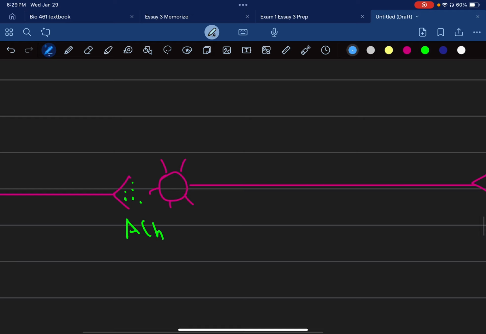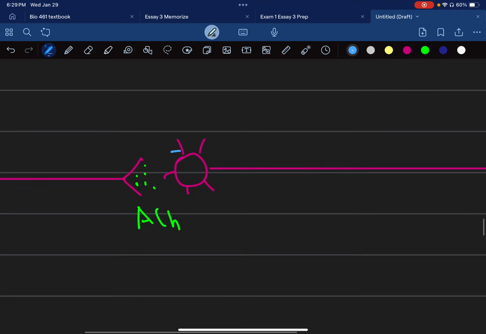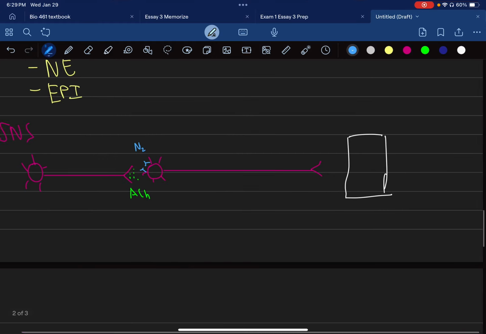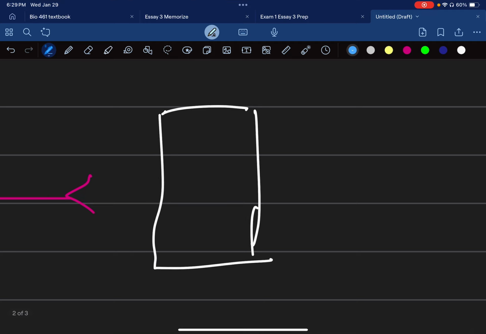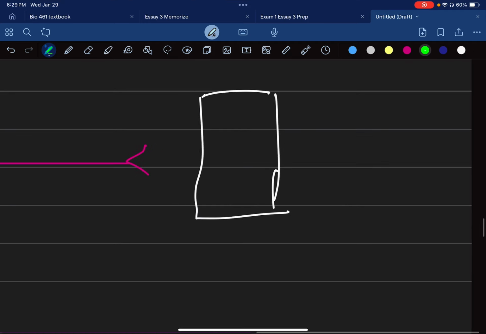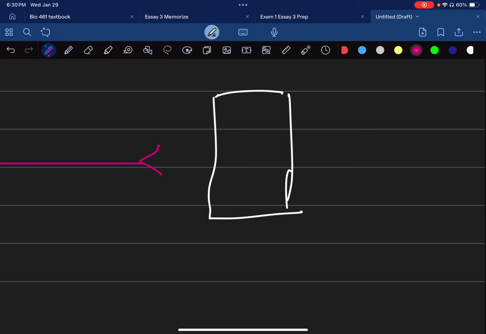And like I mentioned before, there's going to be little receptors here called N2 nicotinic receptors that are going to let the ACH in, cause an action potential that continues down, and that will cause a release of norepinephrine.